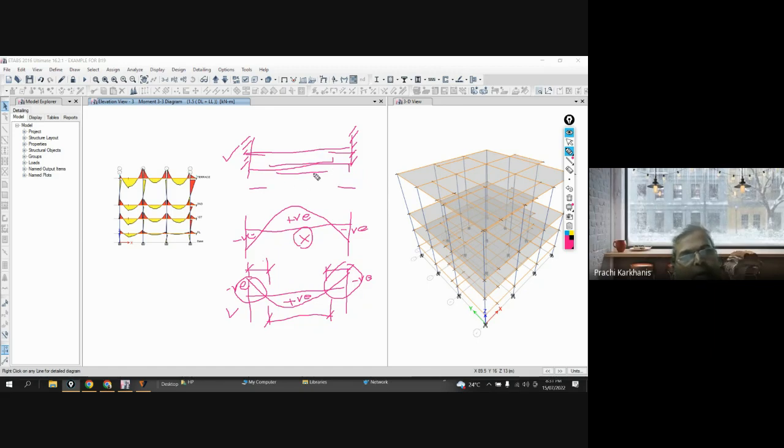Actually, in this face you need a tension reinforcement at bottom, while you are providing reinforcement at top. If you follow this, because you will say that this is the region where you need to provide tension. So draw it over here.